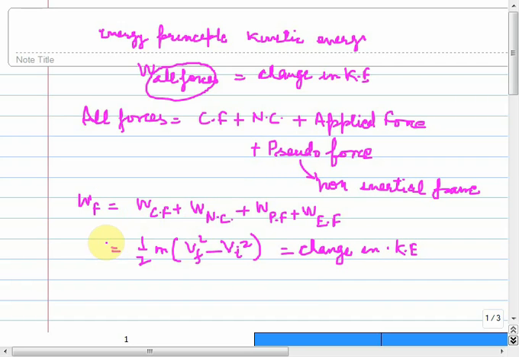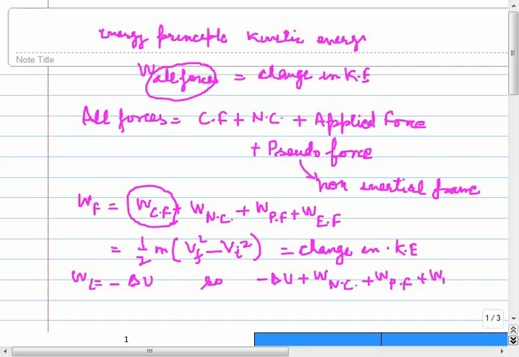Now if you recall, work done by conservative forces is minus delta U. So our principle becomes minus delta U plus work done by non-conservative forces plus work done by pseudo force plus work done by external force is equal to change in kinetic energy.